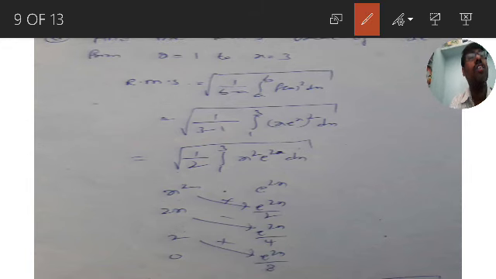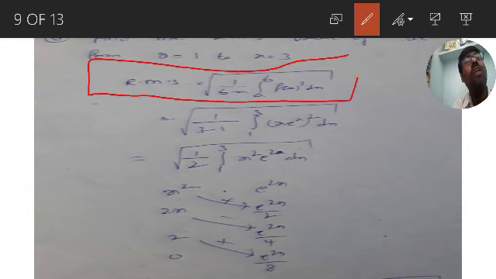First of all, the formula is RMS value is equal to square root of 1 by b minus a integration a to b f of x whole square dx. B is equal to 3, a is equal to 1, f of x equal to x into e power of x.